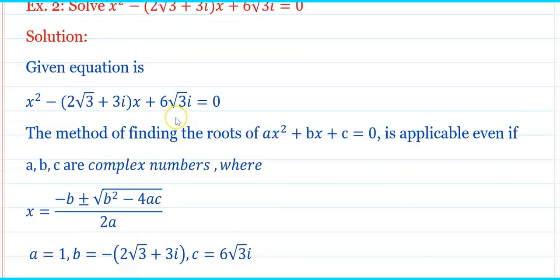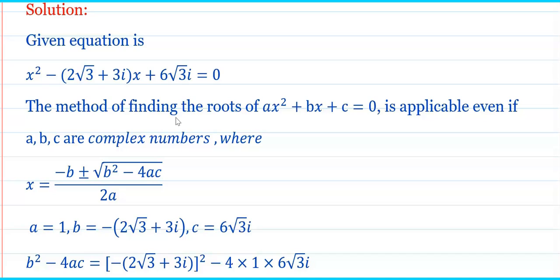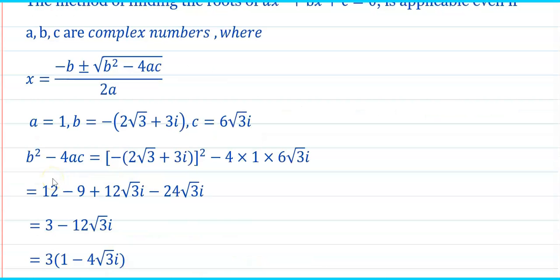The given equation, the method of finding the roots of ax square plus bx plus c equals 0 is applicable if a, b, c are complex numbers. Here the value of a is 1, okay, b is equal to minus 2 root 3 plus 3i bracket complete. c is equal to 6 root 3i. Okay. Therefore, we will find out the value of b square minus 4ac. b square minus 4ac ची value find out करणार.